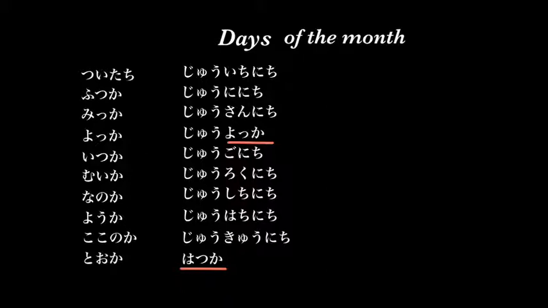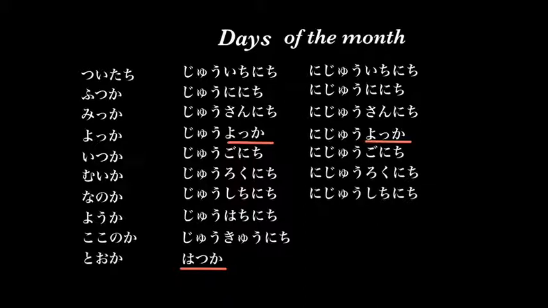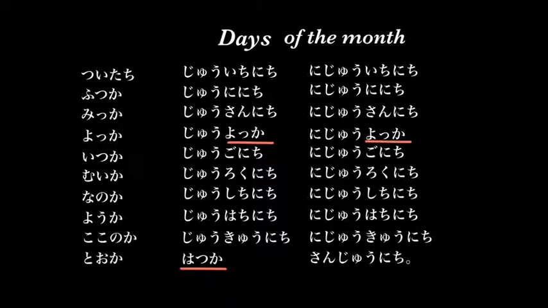Then our numbers are simply, except for the 24th, the number plus nichi, up to 30 nichi and the 31st in some months, 31 nichi.